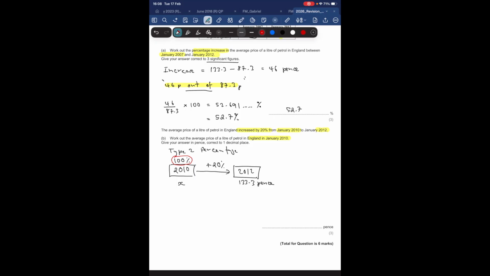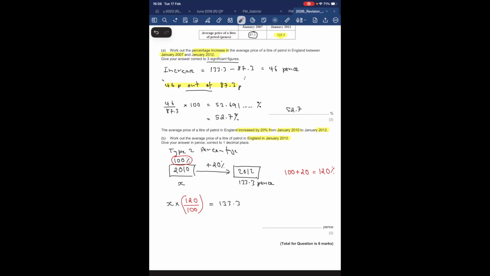So if I increase the original amount of 100% by 20%, I'm going to get 120%. Now I know that 120% can be written as a fraction. 120% is 120 over 100. Now, if I multiply that by the original amount, X, which I don't know, I'm going to get the new price of petrol in 2012, which is the 133.3 pence.